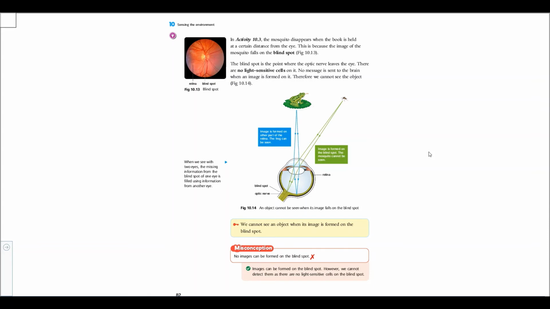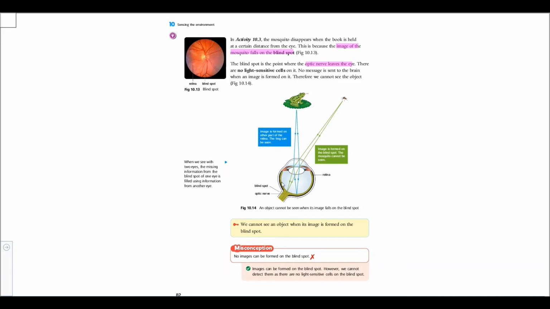It is because at a certain distance, the image, or we say the light, of the mosquito will fall on the blind spot. So what exactly is the blind spot? Actually, the blind spot is the point where the optic nerve leaves the eye. Remember, we have an optic nerve here, and the nerve is responsible for sending the signals to the brain, but it needs a place to connect to the retina, right?